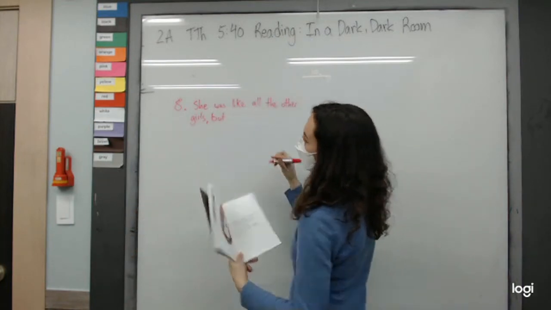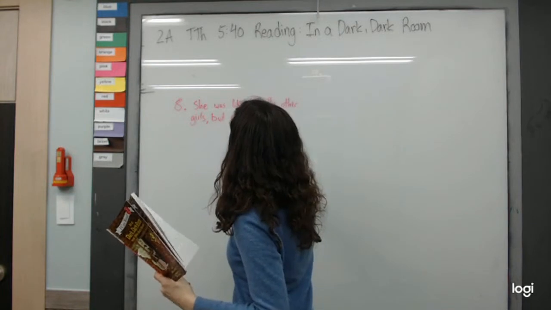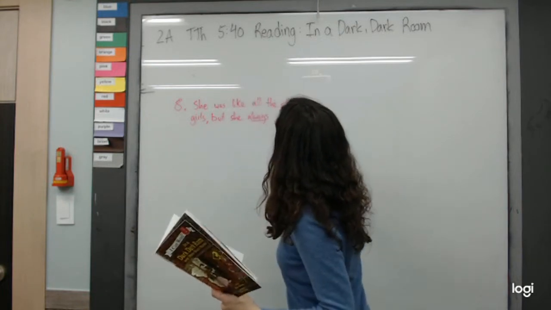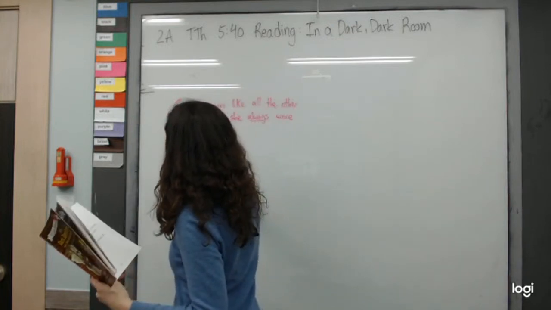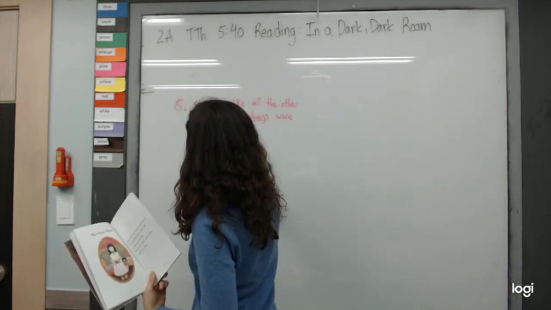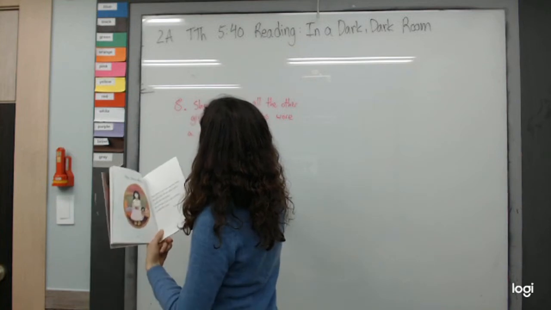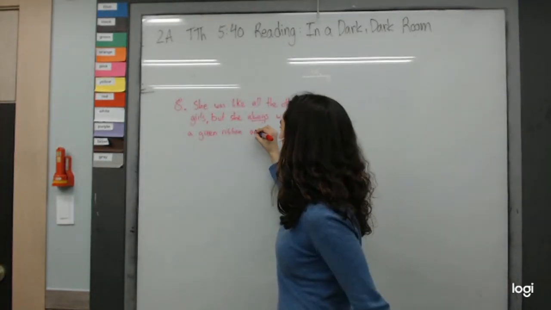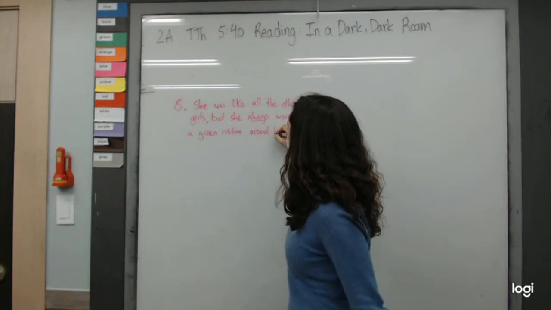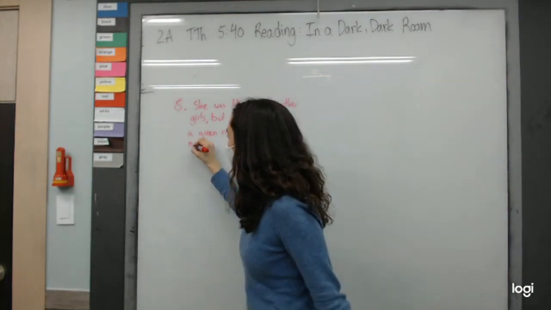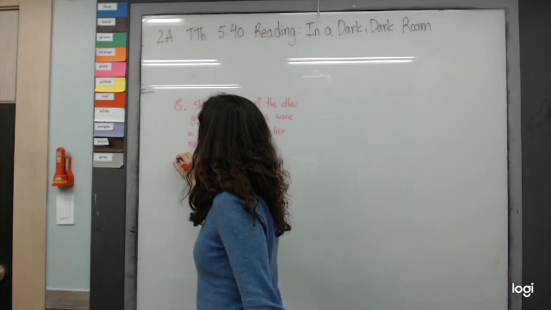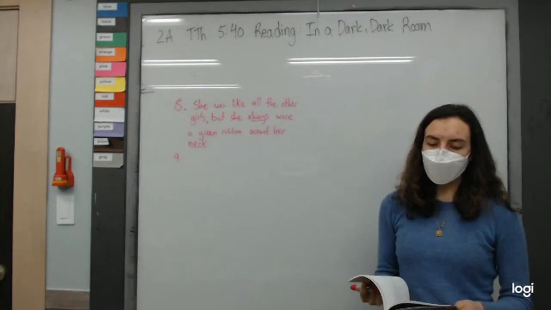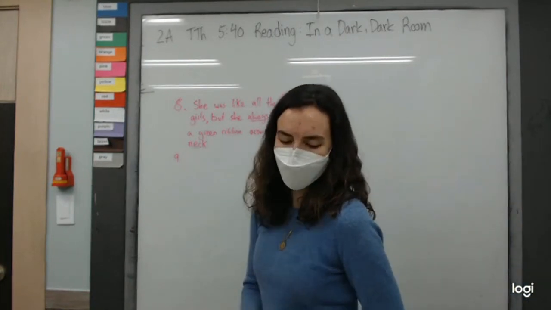Here, we can see she always wore a green ribbon. And it wasn't a ribbon in her hair, it was a ribbon around her neck. Okay, number 9. I made a mistake.